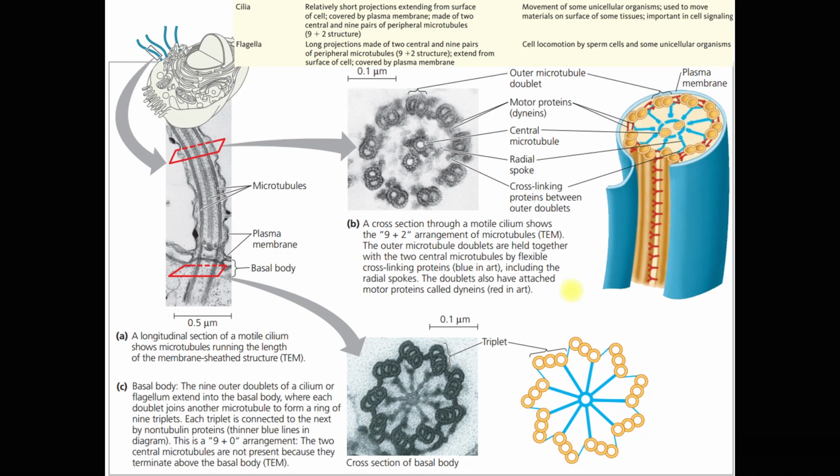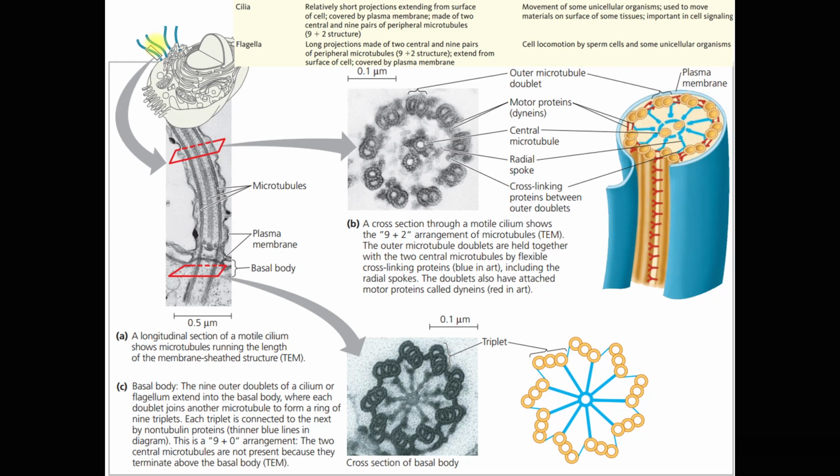So flagella have a 9 plus 2 structure as well. They extend from the surface of the cell and are covered by plasma membrane. Both cilia and flagella, not shown here, are covered with plasma membrane.